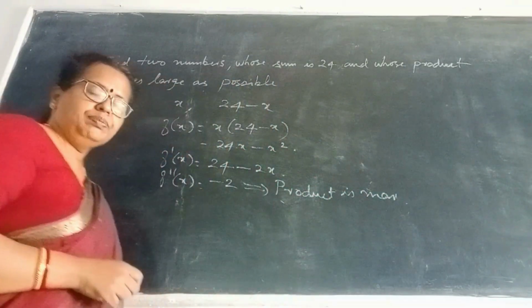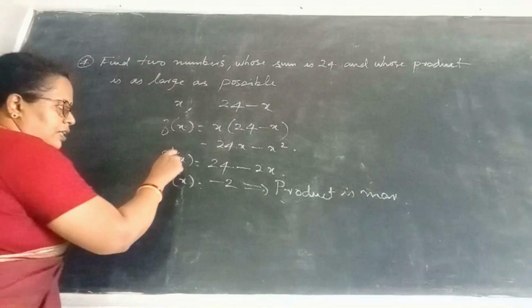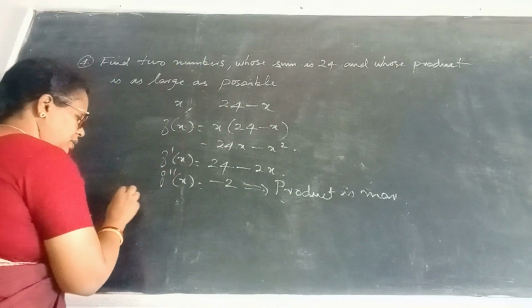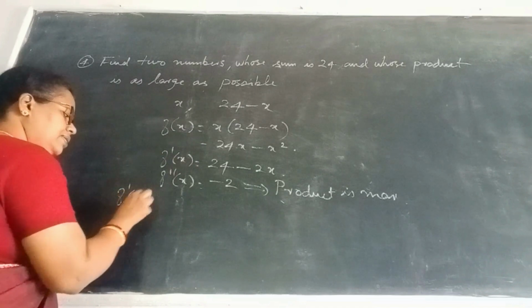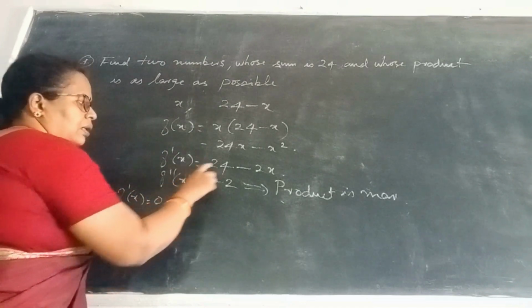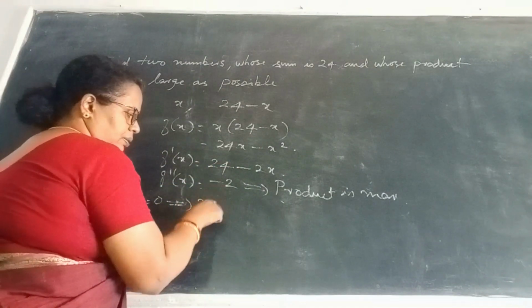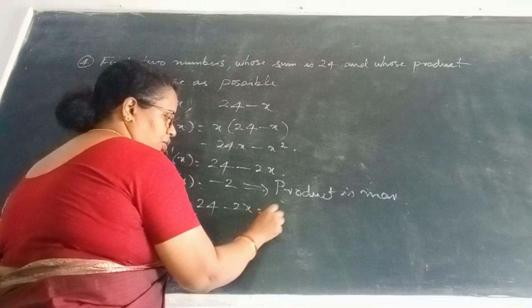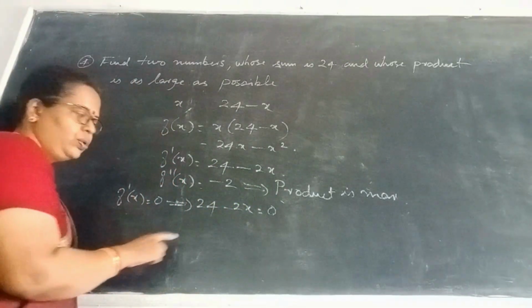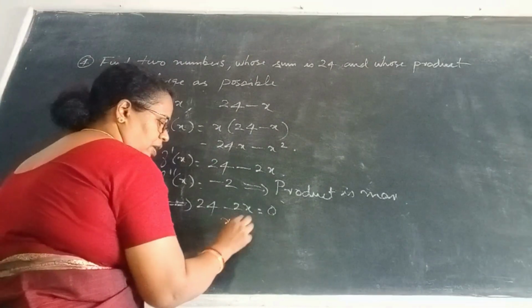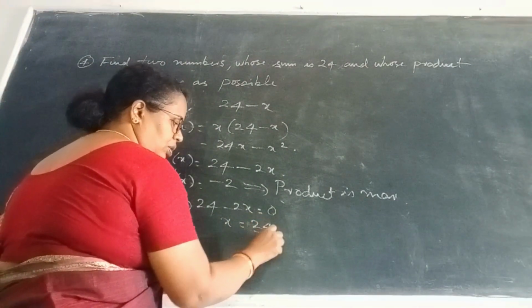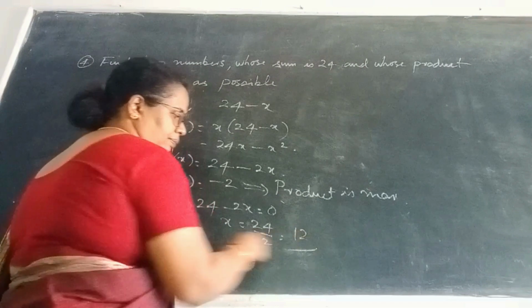Now what is that maximum extreme condition? For that f dash x should be 0. So f dash x equal to 0 implies 24 minus 2x equal to 0, which implies 2x equal to 24. So what is x? X equal to 24 by 2, 12.